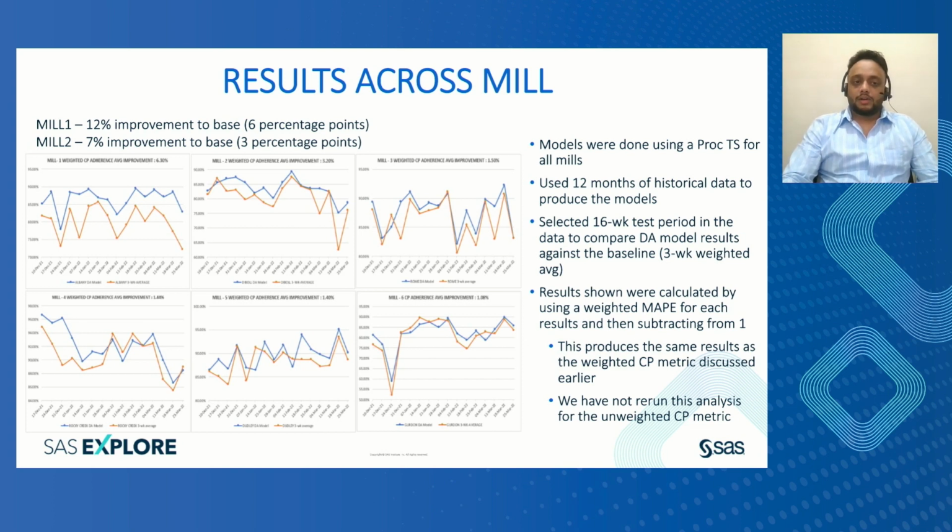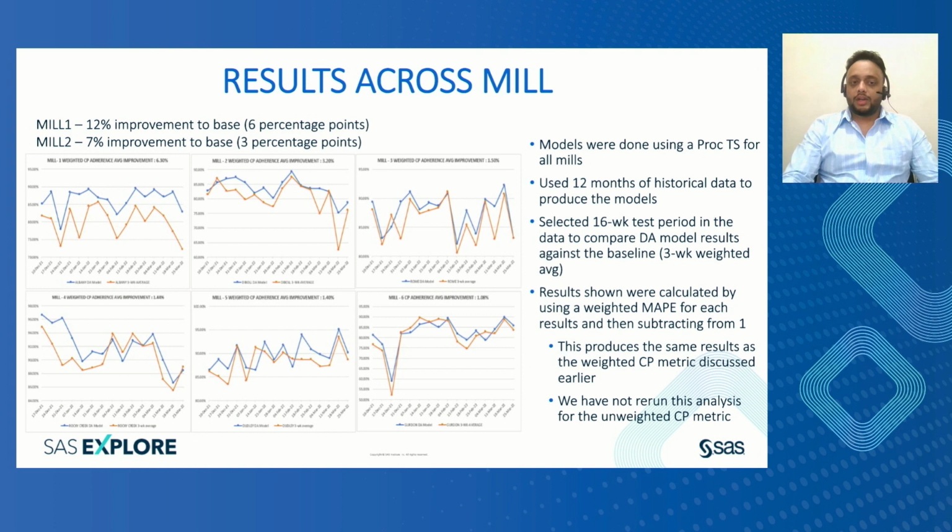Similarly, in mill 2 we have close to 7% improvement from the base. In this case, the testing period was 16 weeks, so that we know the model is not performing better for just 1, 2 or 3 weeks.